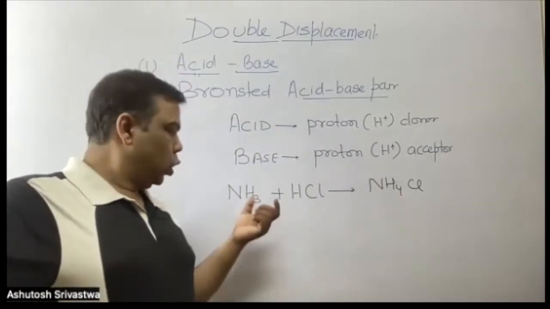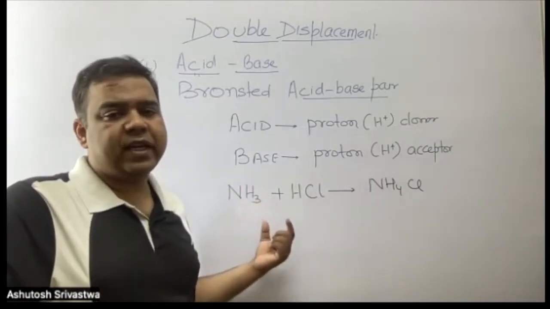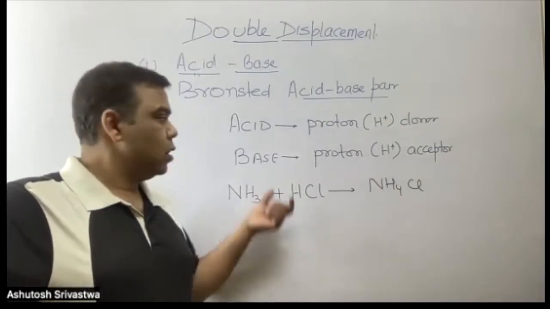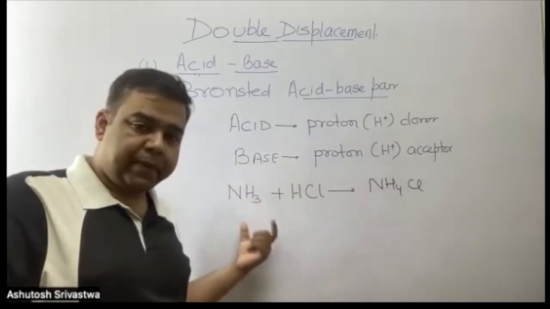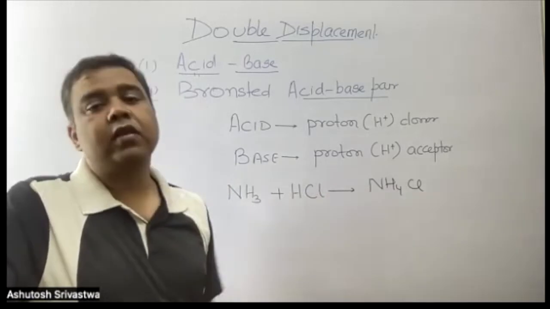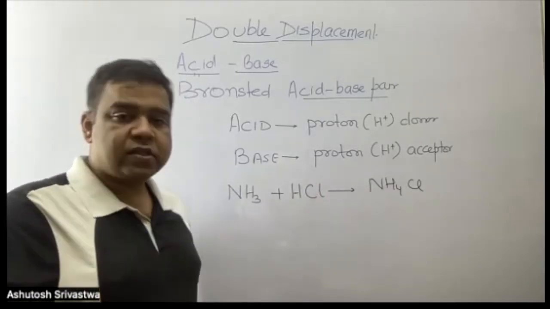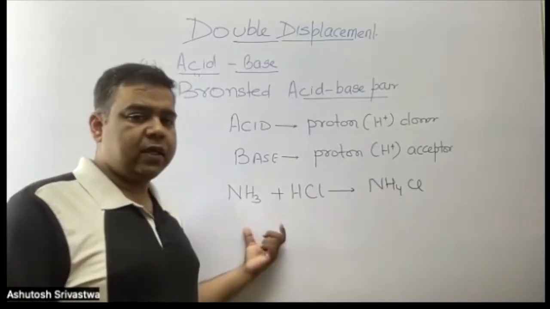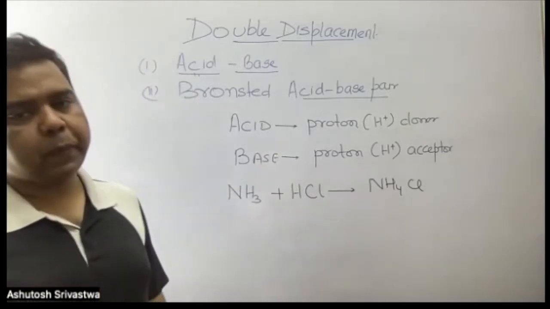But looking at the base part, we see that there is no OH minus present, so it cannot be an Arrhenius acid base pair. But since base ammonia has accepted the proton to form NH4 plus, therefore we will regard this base as Bronsted base. So this system will be a Bronsted acid base pair.